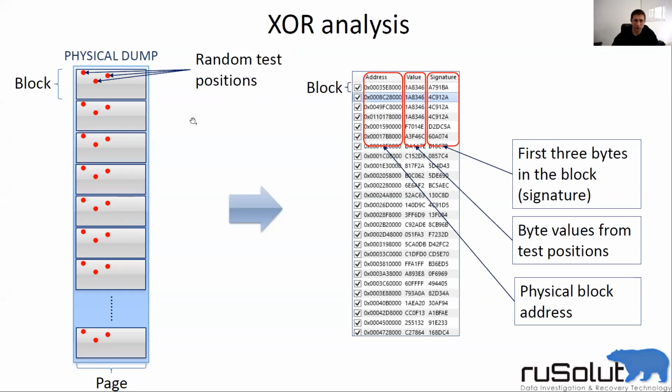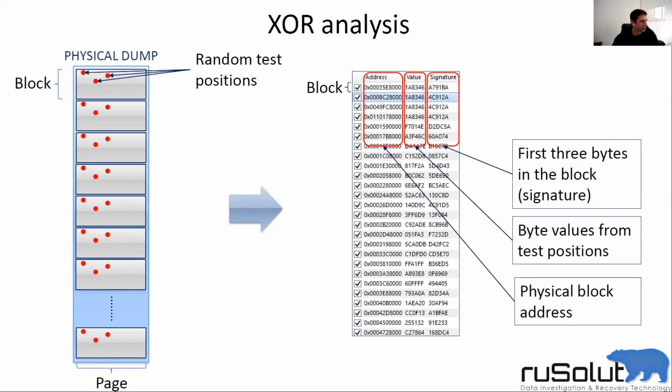So let's say that this block has just zeros, and an XOR key was applied to these zeros. As a result, we will get on the first 3 bytes in that block the signature of our XOR key. It will be the same as the signature of the XOR key.